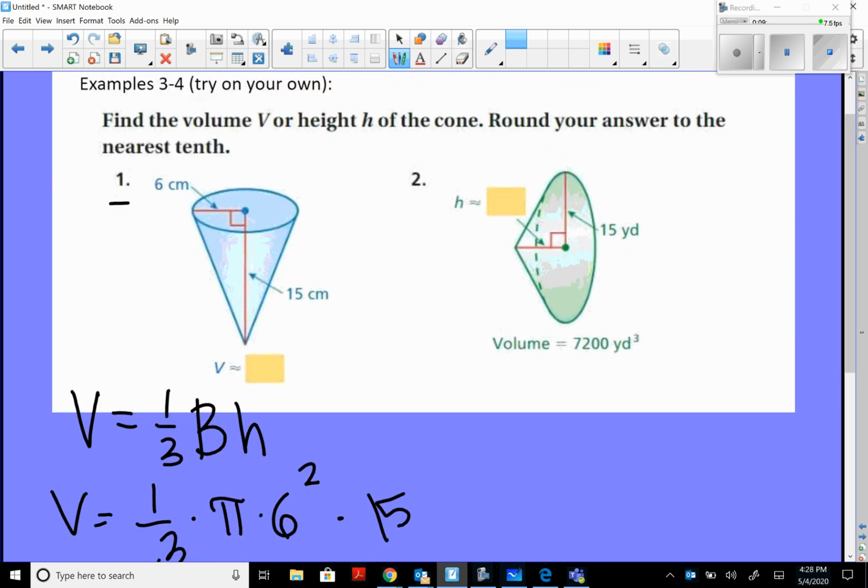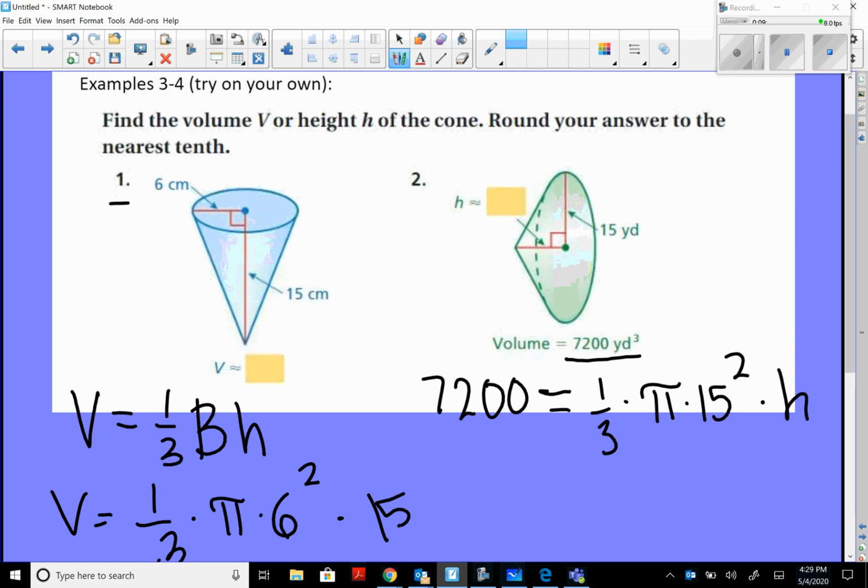With this example, I have the volume and I'm trying to find the height. So I'm going to use the same formula, but I'm going to plug in this number, 7,200, for V, which is volume, is equal to 1/3 times pi r squared. Radius is 15, so that's times 15 squared times h.